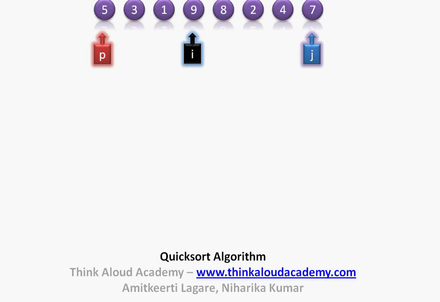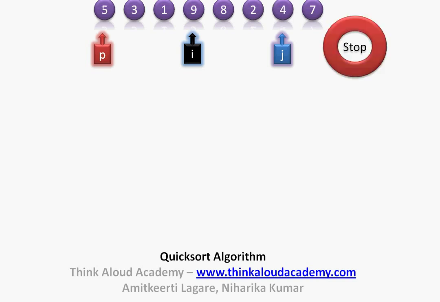Now you see that j points to an element whose value is 7, and since it is greater than the pivot, j moves ahead. Now j points to the element 4, and since the element that j points to is less than the pivot, we have to stop here.